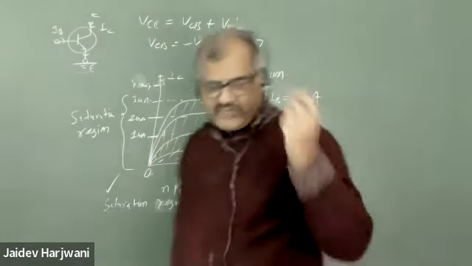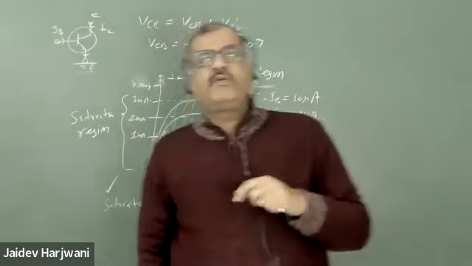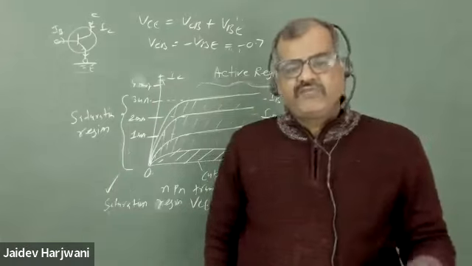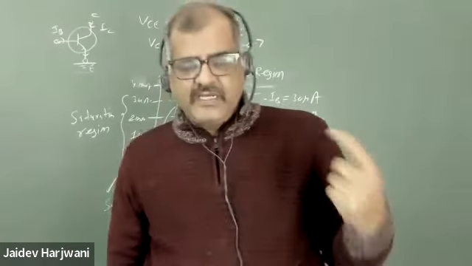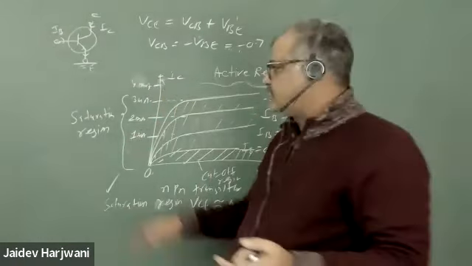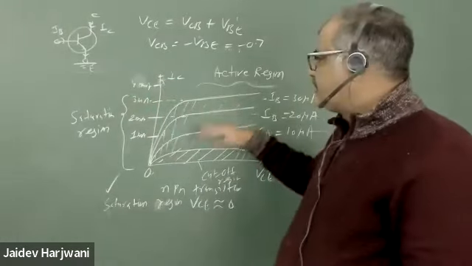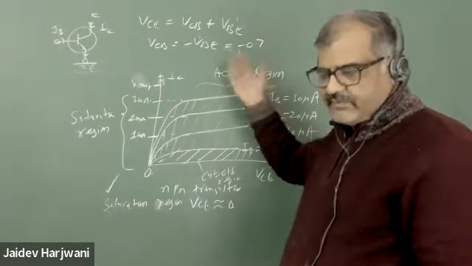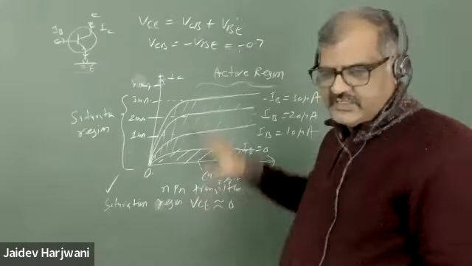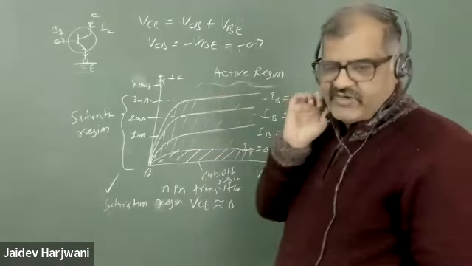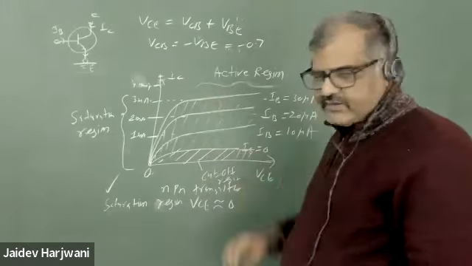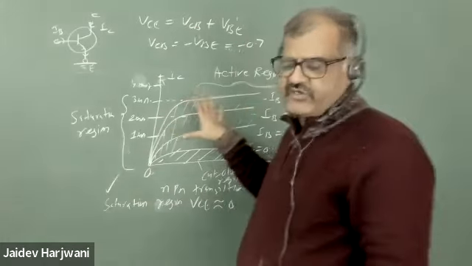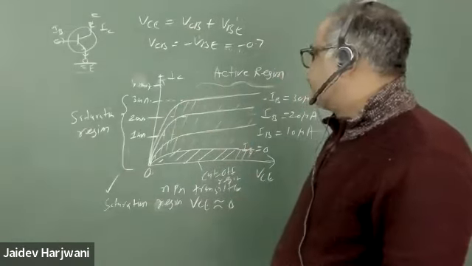So the current gain is very high. That's why the common emitter configuration has high voltage amplification and high power amplification. Although the resistance is smaller compared to common base configuration, for amplification purposes this is the preferred configuration in transistors.